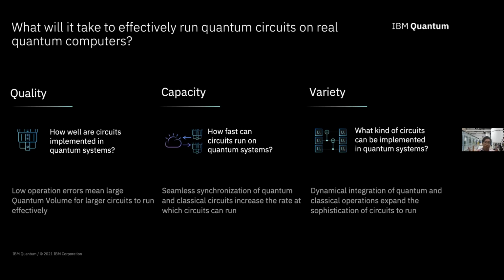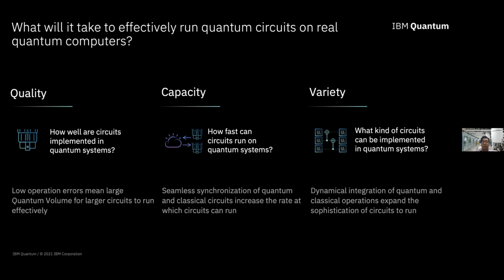So with the quantum circuits lens, it becomes very obvious that there are a few metrics by which you want to measure your performance and measure improvements. There's a few dimensions that are defined here: quality, capacity, variety.